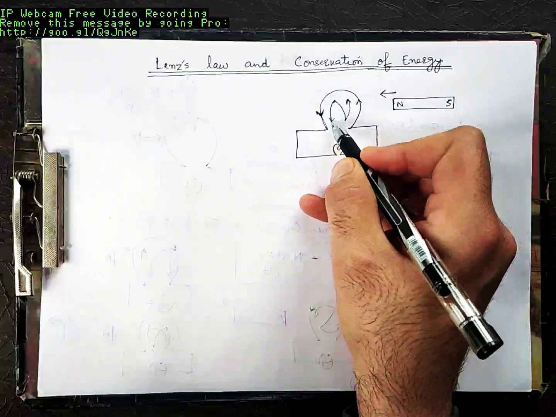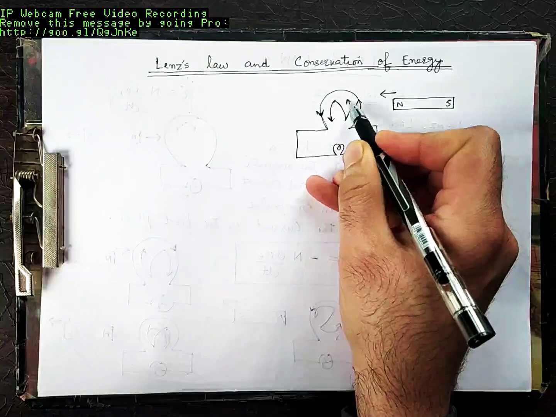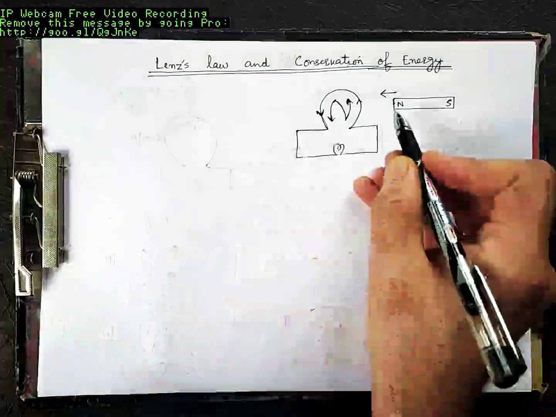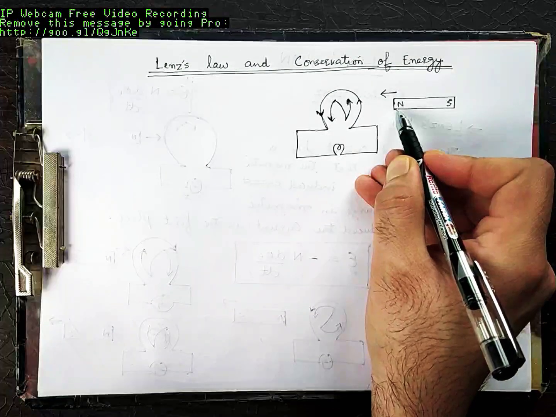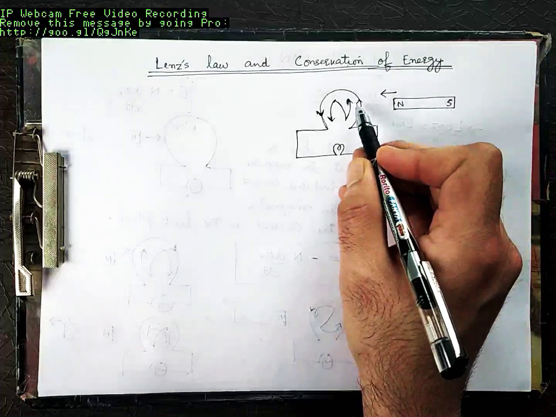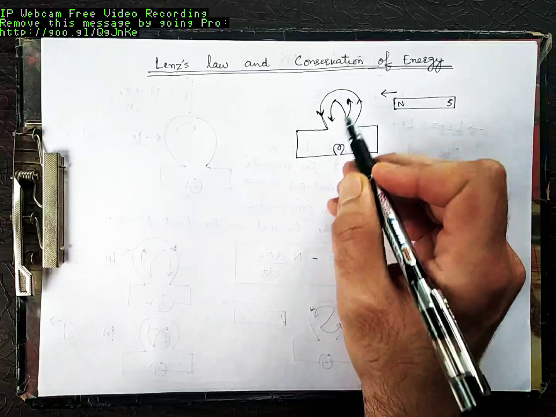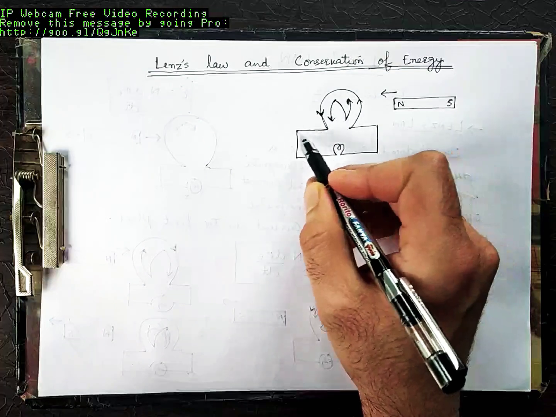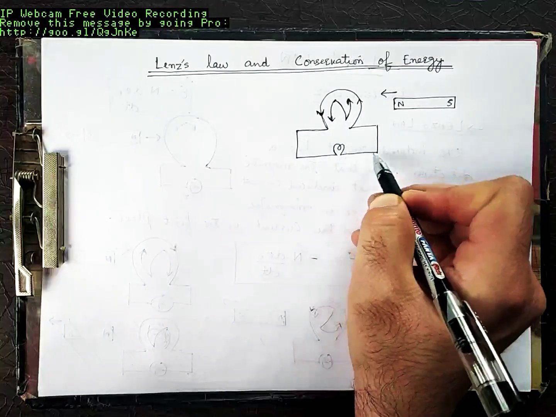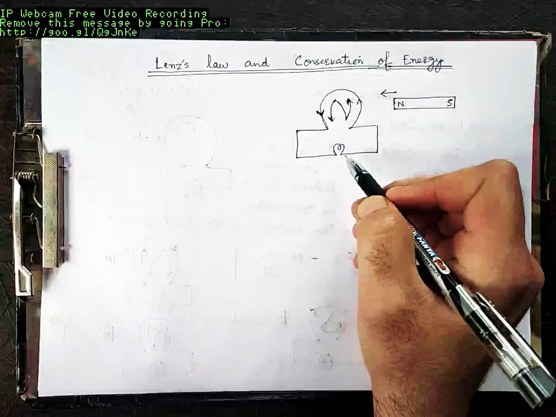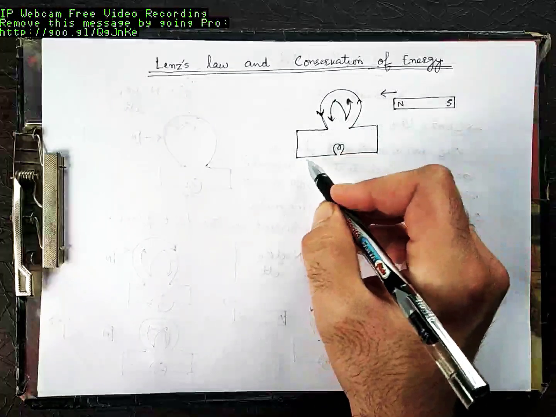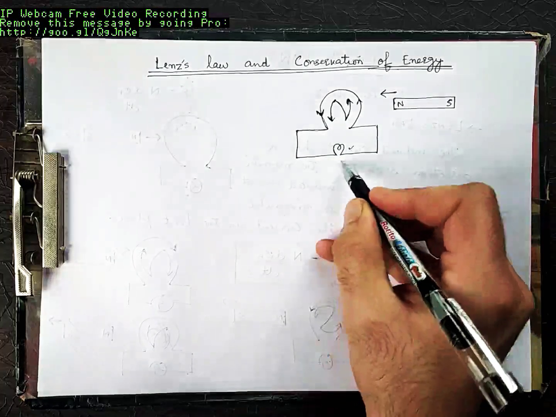What is this side? This is north pole. When you push this north pole towards the coil, current will be induced. That current will flow through the coil and also through the lamp. This lamp will glow. So this produces energy.